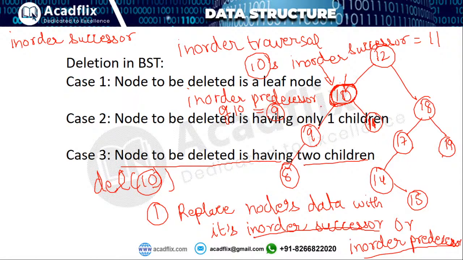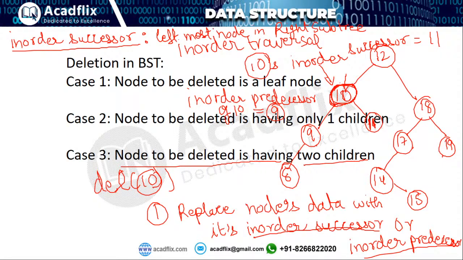But that is actually a very lengthy task, right? So how do we find the in order successor? It is the leftmost node in the right subtree.